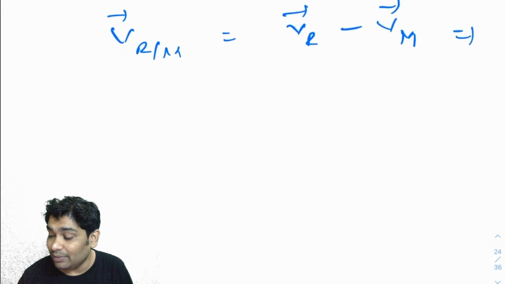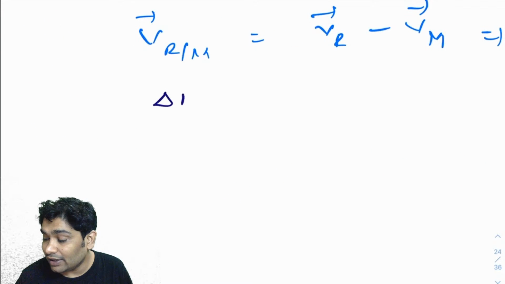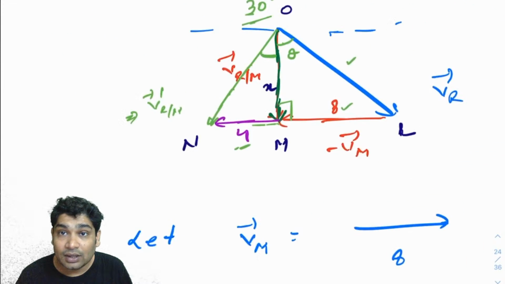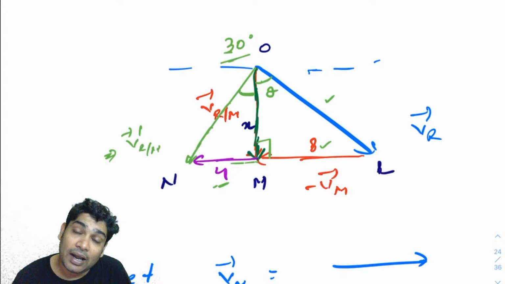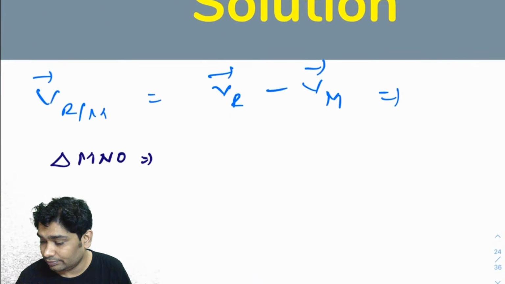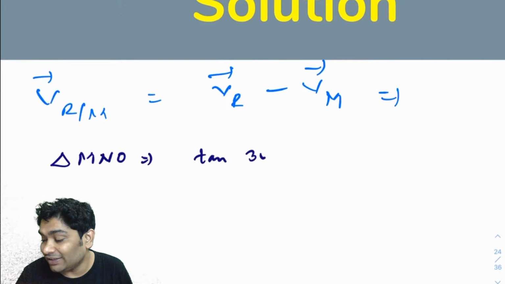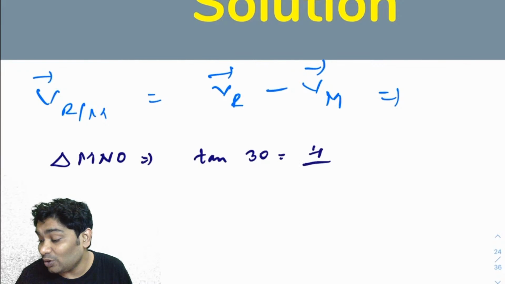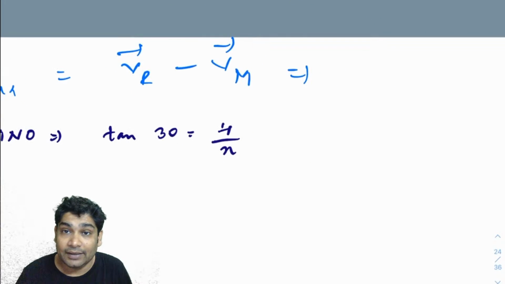Now let's look at triangle MNO. What is it telling me? That is telling me that tan 30 is 4 over x. Tan of 30 is 4 over x. Agreed?